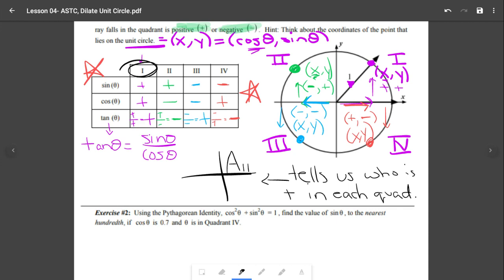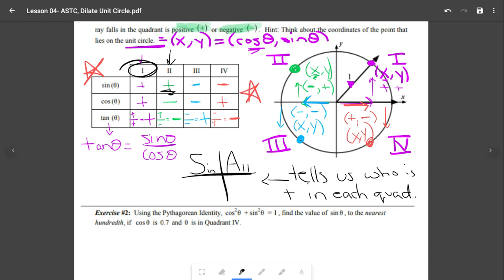In the second quadrant, if we take a look here at the chart that we made, the only positive I see there was sine. So I put an S there for sine. That means that when I look at this chart and I see an S in that quadrant, that is telling me that sine is the only function that is positive in the second quadrant.